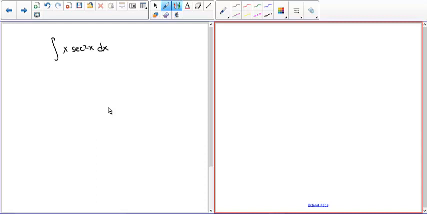So the question you might ask is, is there an integral formula in the table for the integral of secant squared of x dx? Does anybody know what the integral of secant squared of x is off the top of their head? Yeah, it's tangent, because the derivative of the tangent is secant squared.